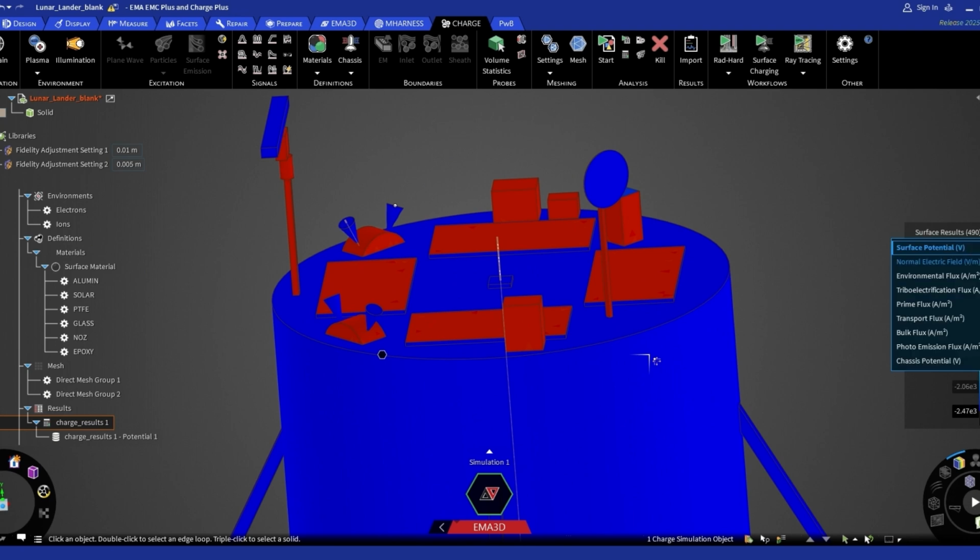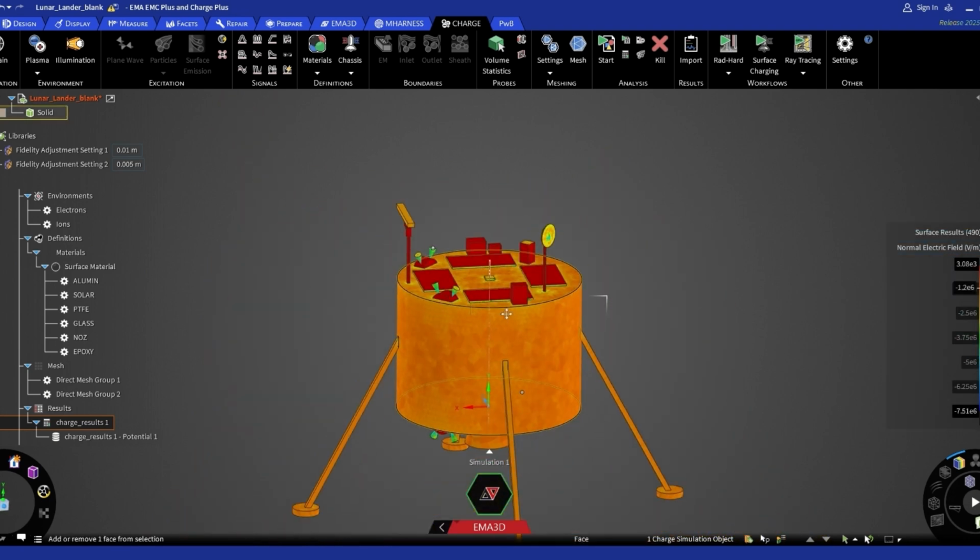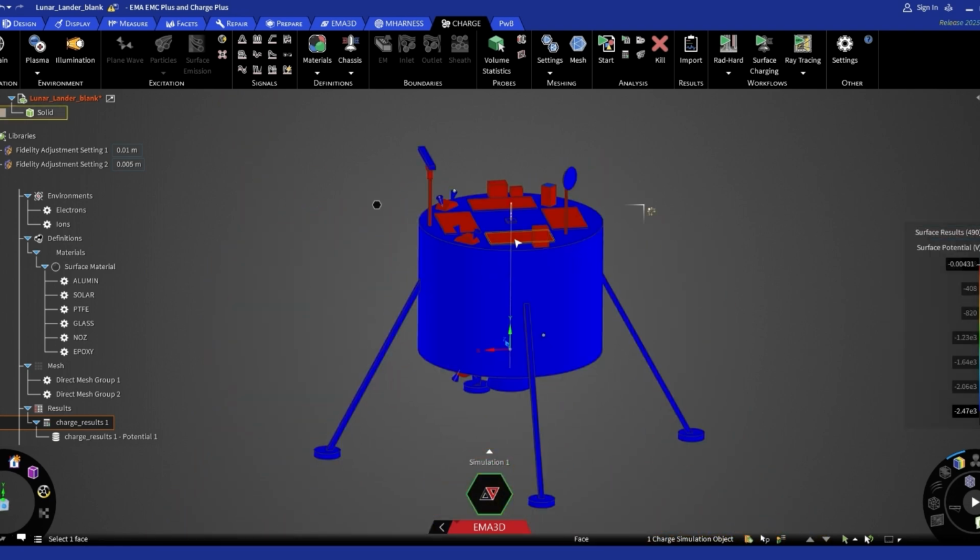From this surface charging simulation, you can see how critical the choice of material is to prevent the risk of ESD. The lunar environment is harsher than ever with the presence of dust that will lead to triboelectrification effects. In Ansys Charge Plus, you can model surface charging and prevent the risk of ESD.